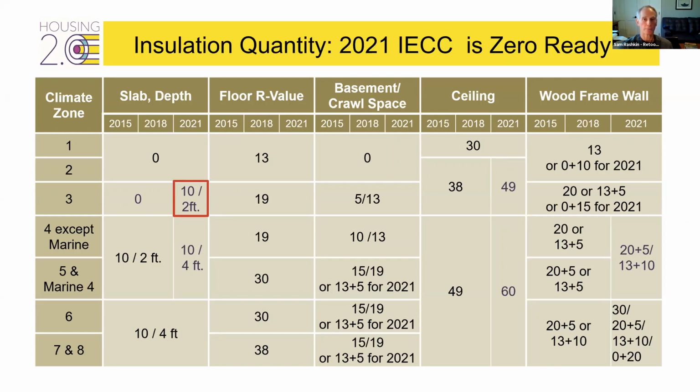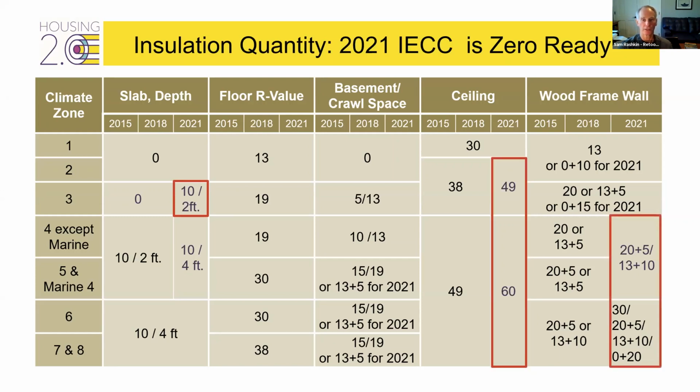loss. Floors are fine, but when we get to ceilings, the prescriptive levels jump to 49 and 60. And you need to understand, if you have an unvented attic, that will drop the 49 to about 40, the 60 to about 50, and raised heel trusses will further drop it to about a 38, 36, 35, the 60 to about a 45.